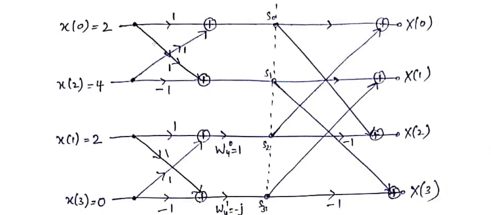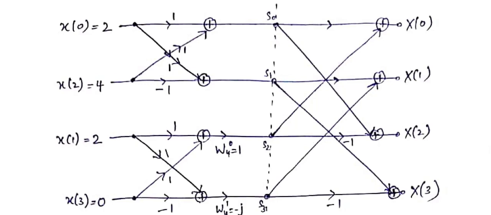Then we have to use this butterfly structure for calculating the values in between, and this minus 1 is for the second part, because we are dividing into odd and even parts, so the second part is always with a minus sign. And again we are using the W4 values, because it is a 4-point signal, and we need W4 0 and W4 1.